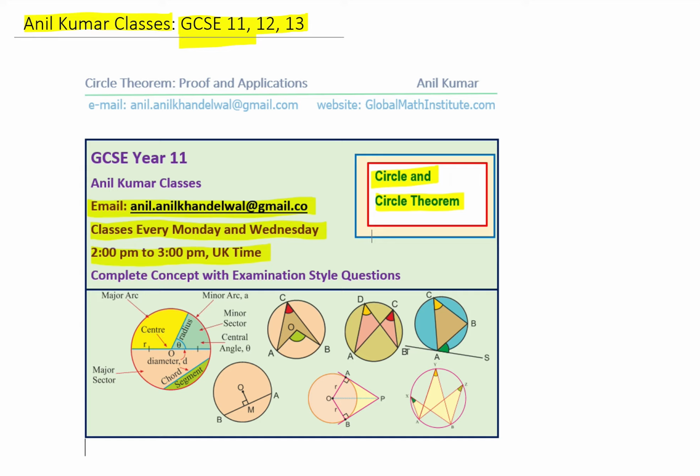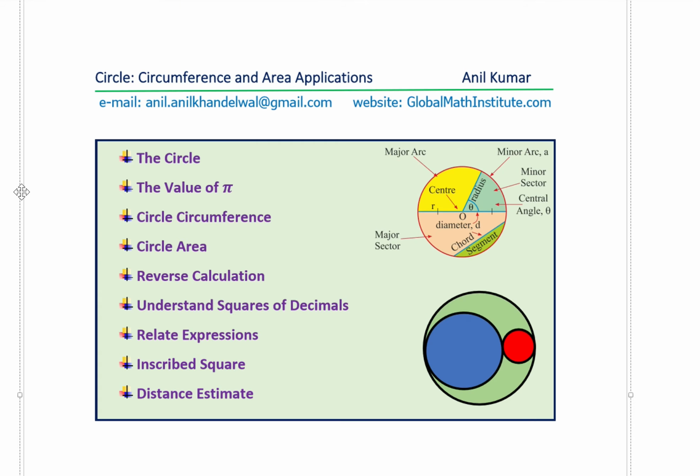So, in circles, for example, we'll talk about the basics. What is a circle? And what really is pi? So many times we see pi in the formula. It could be circumference, which is 2 pi r, or pi d. It could be area, pi r squared. This pi is an irrational number. How do we calculate it?